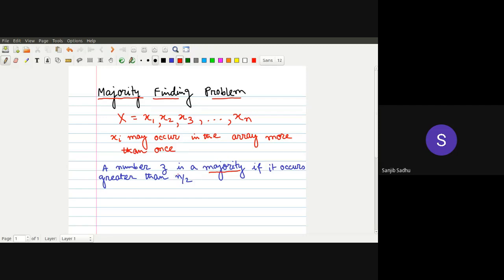Now our problem is to find whether a majority exists.